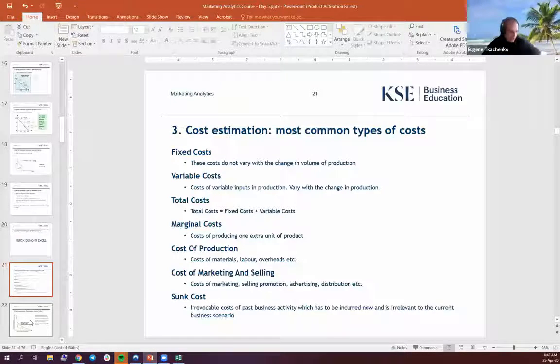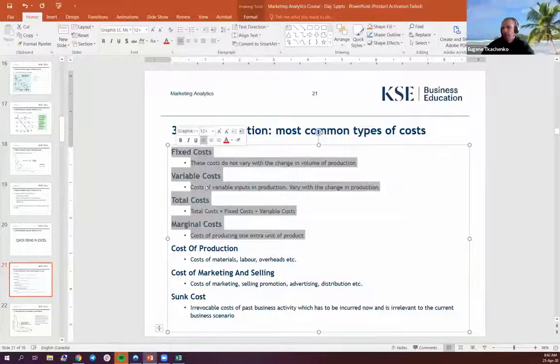So remember when I was talking about cost and types of cost yesterday, I was saying that there is an enormous number of different types of costs you may have heard about. But again, it all comes to the purpose and to the case or scenario you're operating under. So basically for this course, I'm just expecting you guys to know these top 4-5 costs.